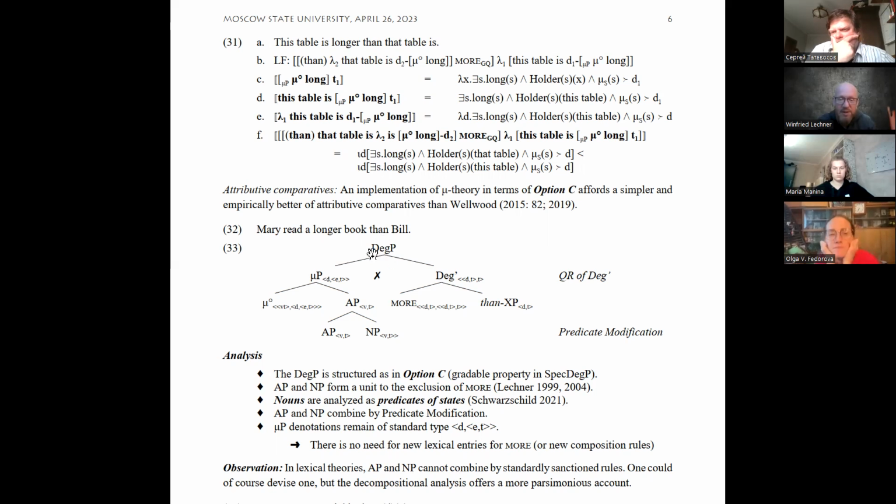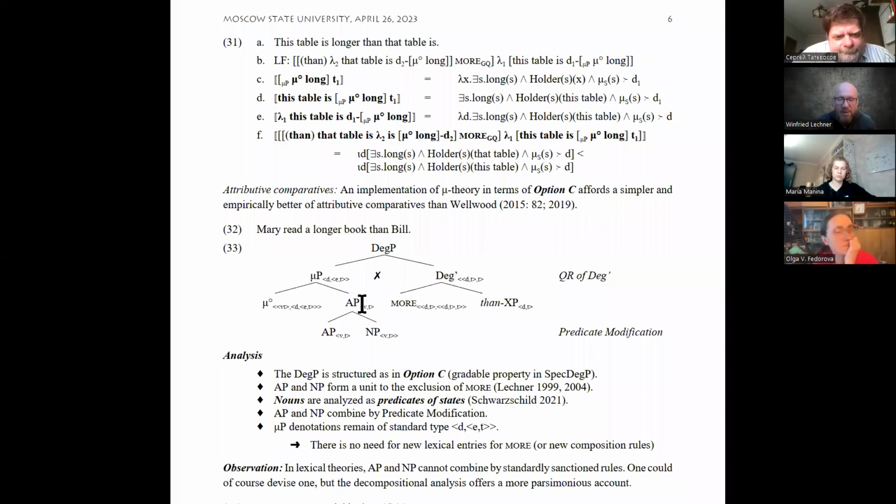I assume we start here with option C, in which the degree phrase embeds the AP, but the AP is introduced by a mu head. So the degree is added, and then we end up with the relation between degrees and individuals.